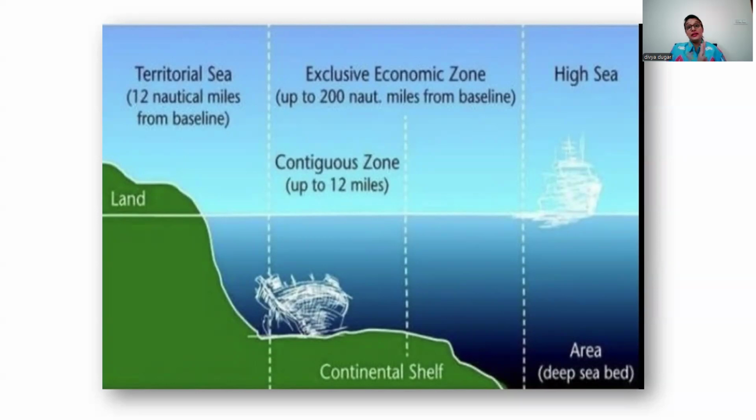After the 12 nautical miles, till the 200 nautical miles is the exclusive economic zone. Very importantly, children, you have to understand they are part of the exclusive economic zone.